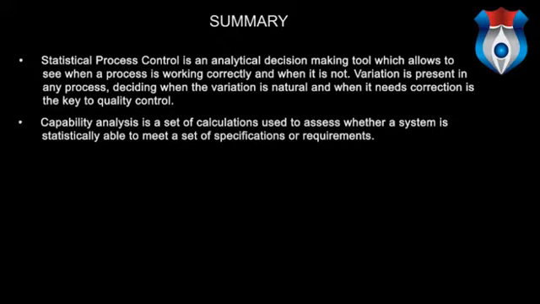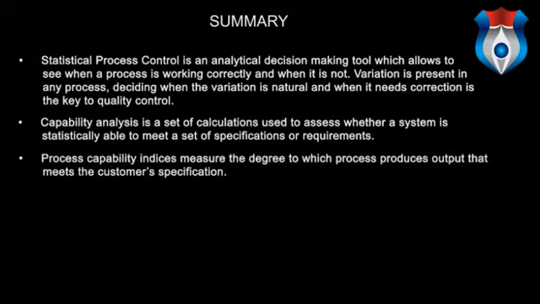Capability analysis is a set of calculations used to assess whether a system is statistically able to meet a set of specifications or requirements. Process capability indices measure the degree to which process output meets the customer's specification.